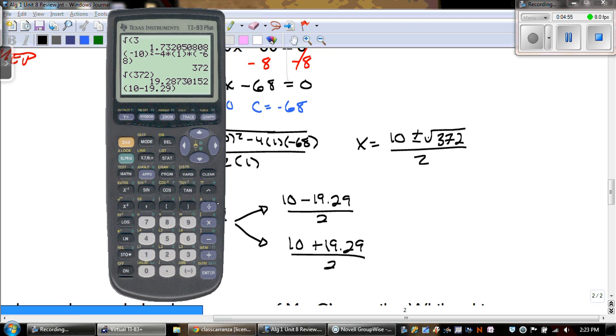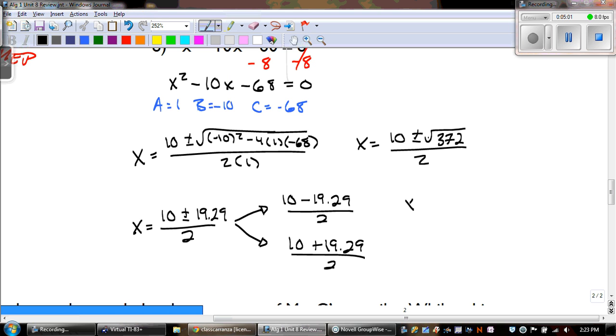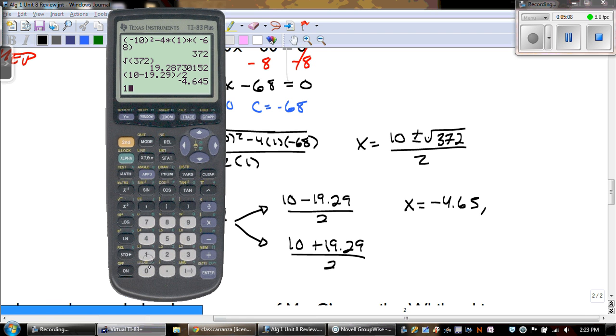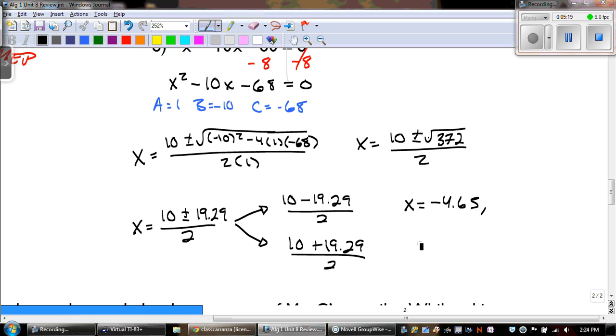I want to subtract first and then divide, and we get negative 4.65. And then if you don't like doing that, you can just do, well, I know it's 10 plus 19.29, and I can just divide it by 2. And then you've got x equals 14.65. Okay? And those are your two answers.